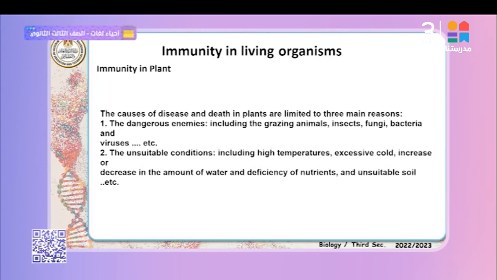Grazing and unsuitable conditions may cause harm to the plant, but this can be treated or avoided after removing the causes. Removal means getting away and returning to the normal position. But with a dangerous enemy, the plant does not survive, because it is eaten by grazing animals or destroyed by virus, bacteria, fungus, and other pathogens.